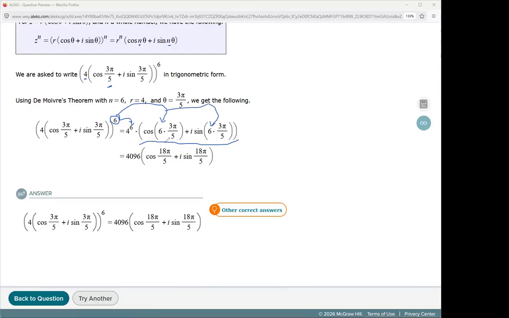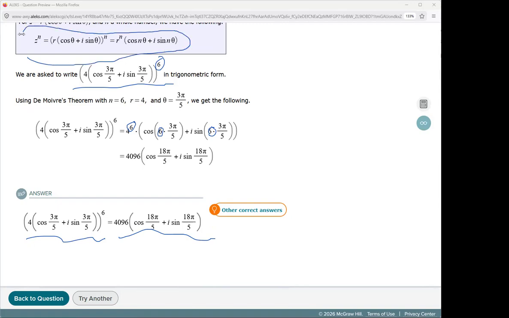So 6 times 3 is 18. That's where this came from, right? 6 times 3 again is 18. And that's it. Honestly, all we did was start with this, put this 6 power here and here and here, and we're done. Just multiply stuff out. So we change this guy into this by using this formula here. So just make sure you have this written down somewhere, and you'll be able to do this.